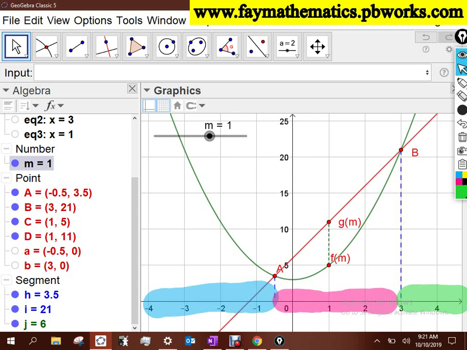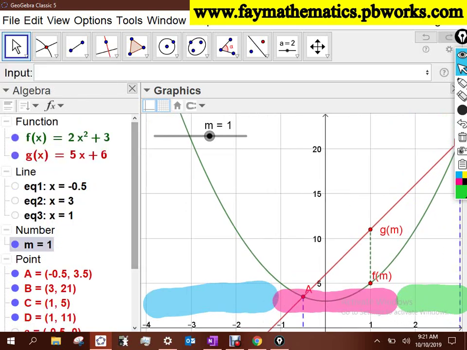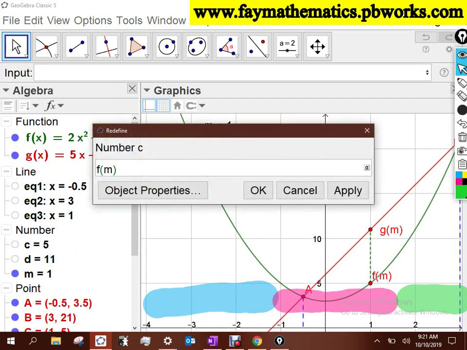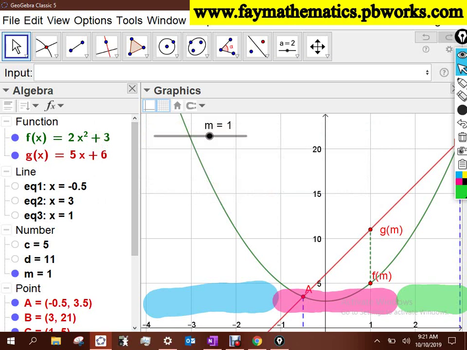G of m is bigger. So if I actually asked, I think we can find what f of m is and what g of m is. So this is f, and this is g. And you see that g is 11, that y value is 11, and this y value is 5. Obviously, we can make that argument that this one is bigger, right?